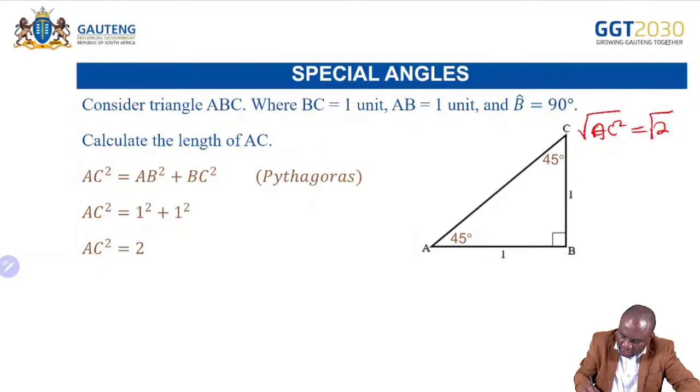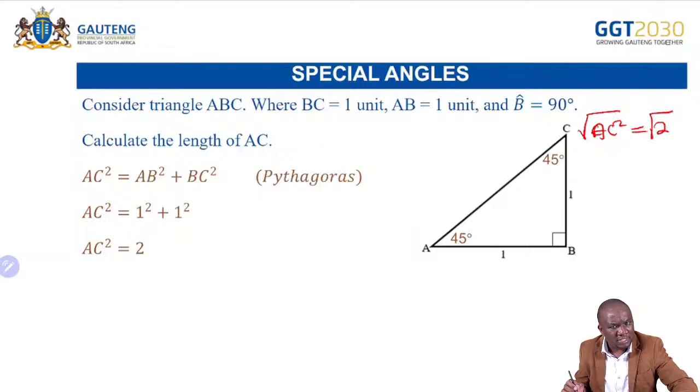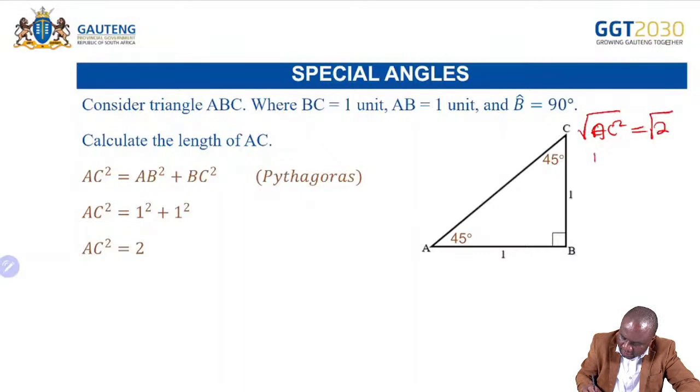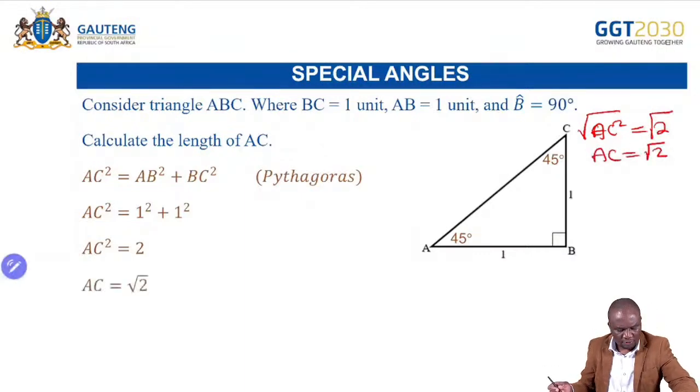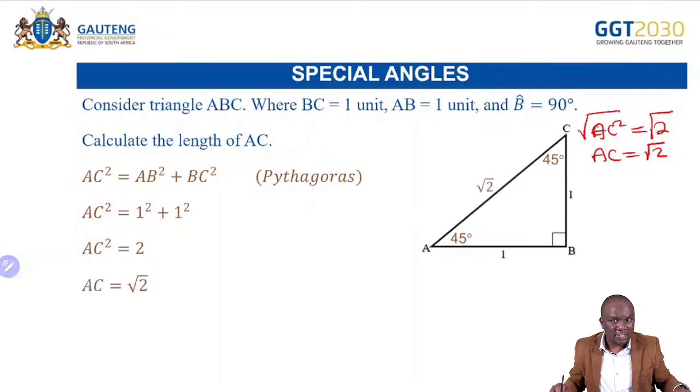And then what is the square root of AC squared? We talked about this in our baseline activity. The square root and the square cancel each other out. Then we remain with AC is equal to the square root of 2. So AC on our diagram is the square root of 2. Now, let me give you 1 minute to write your short notes. And then after that, we're going to continue.